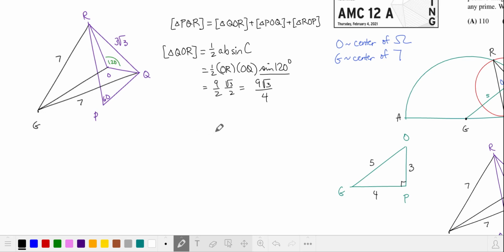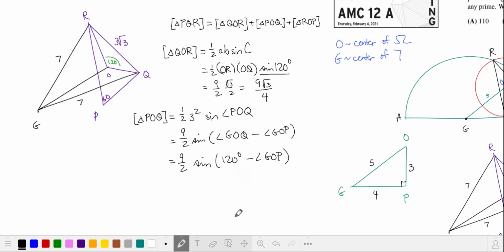Let's take a look at triangle POQ. We'll apply the same formula since we know that OP and OQ are also radii of the circle. And we need to find the sine of this angle POQ. We know angle GOQ is 120 degrees, so we'll need to subtract angle GOP to find angle POQ.